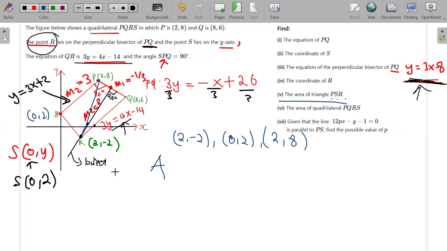Anyone who knows the easy method of finding the area using coordinates, so that we don't have to do the base, the height, and the like? Anyone who knows the formula? No one knows.